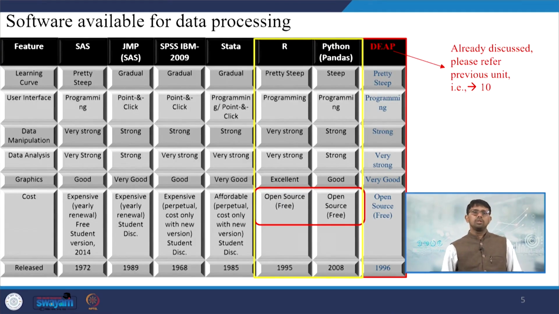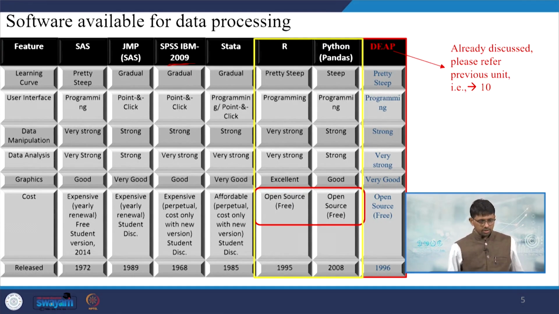Software available for data processing are largely SAS, then the JMP version of SAS, then SPSS of IBM, and another one is called Stata, but these are all paid versions. The last three we are actually going to discuss, but the DEEP data envelopment analysis package we have already discussed in the previous unit, that is unit number 10.